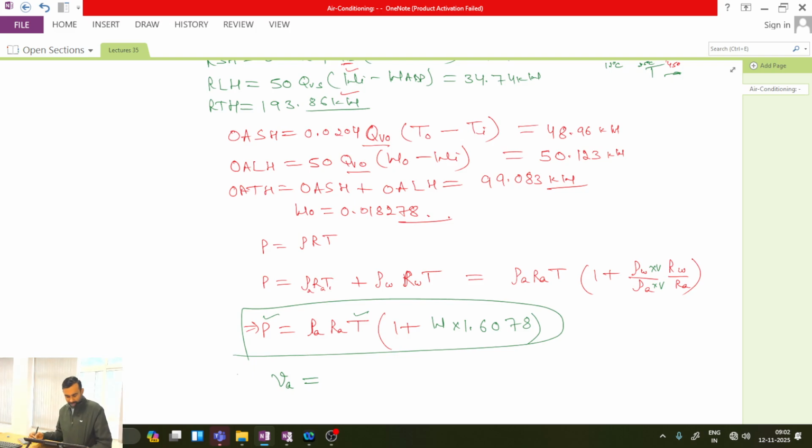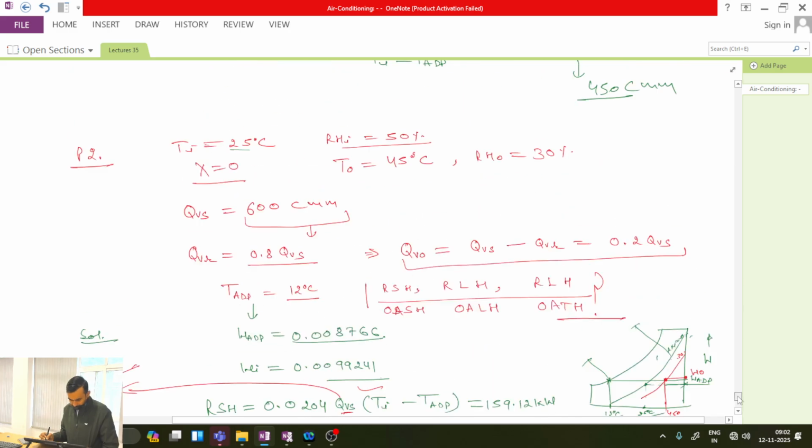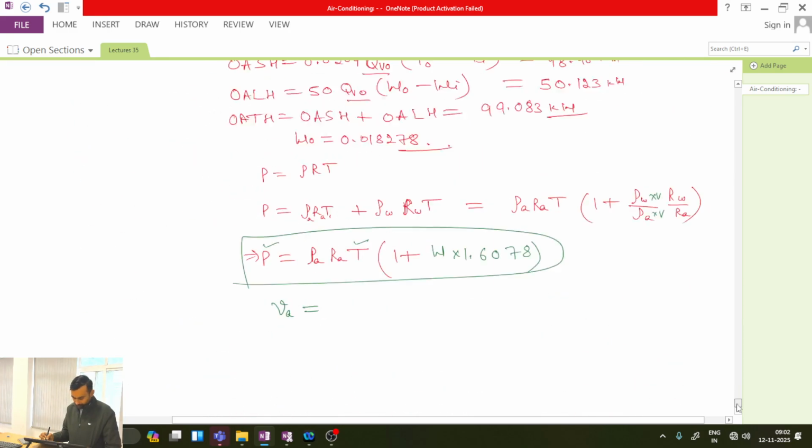What was the outdoor temperature? 45 degrees. Okay, so if you calculate for that, how much will be VA? Please tell me. From here, can you calculate the VA?